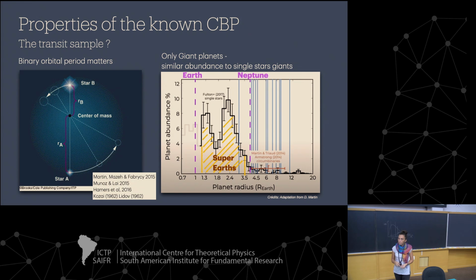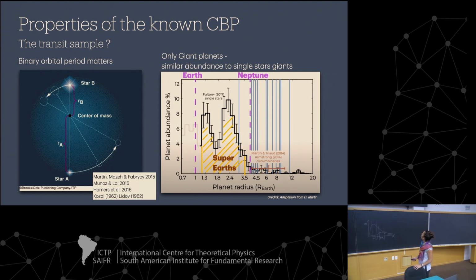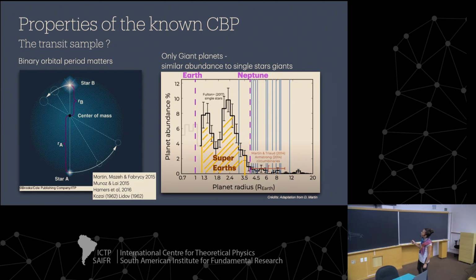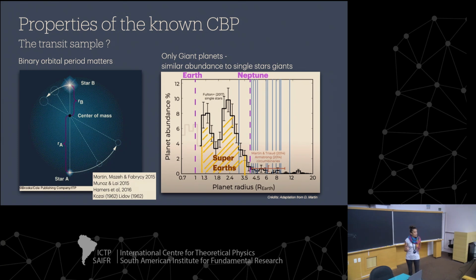Yeah. The blue vertical line is individual system, and so yes, these are the known systems, the 13 transiting exoplanets. Yes.